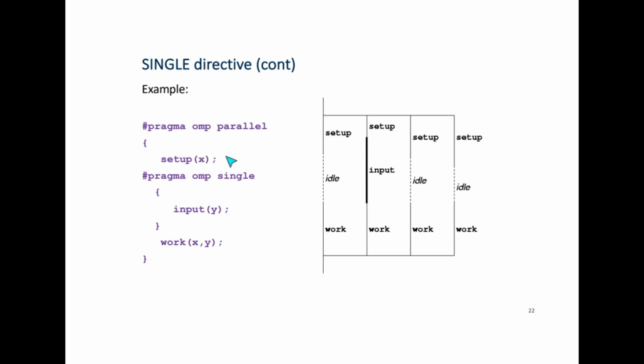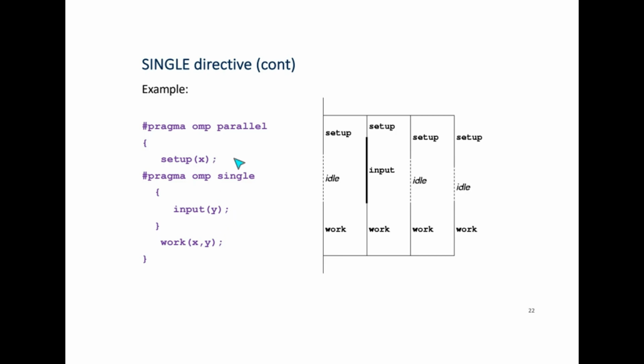And then after that, we want to read some values into a different data structure Y from file. We only want one thread to do the read from file, so we can enclose that in a single. And then after that's happened, we want threads to call another function that uses both X and Y.